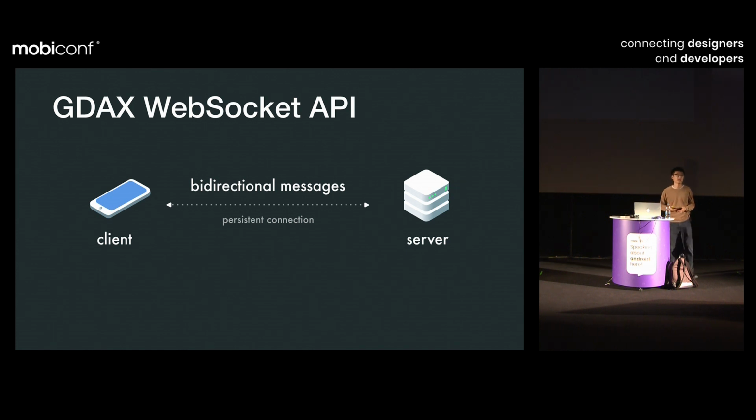So what does a WebSocket endpoint look like? It's actually very different from a REST API. In a REST API, you have a request and a response. But in a WebSocket connection, we send bi-directional messages.